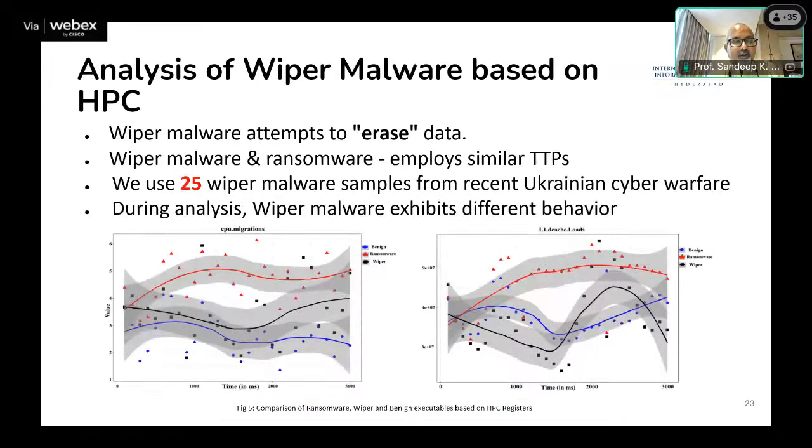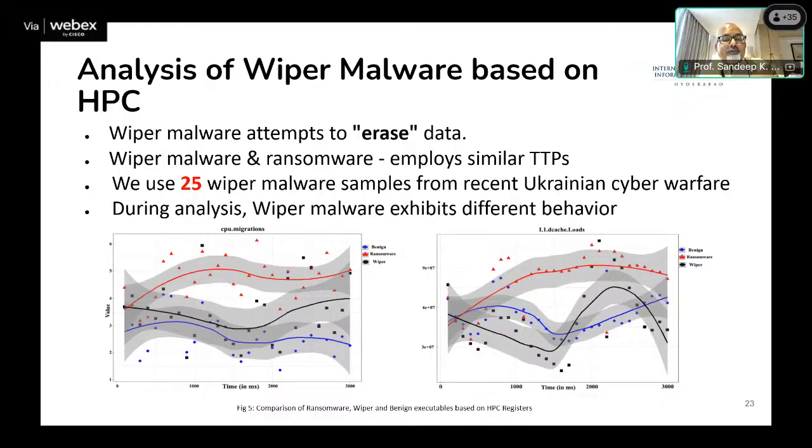Now we also looked at some wiper malware. Wiper malware is similar to ransomware, but slightly different in the sense that instead of encrypting your data, they erase your data. They come in and then they erase your data. Now, if you do not have a backup, it is as bad as ransomware, because you lose your data, right?